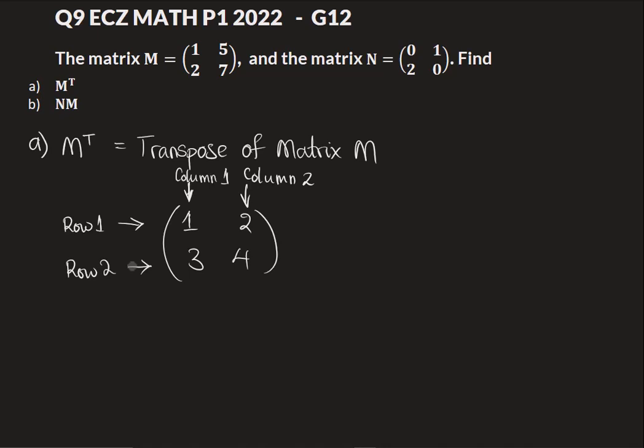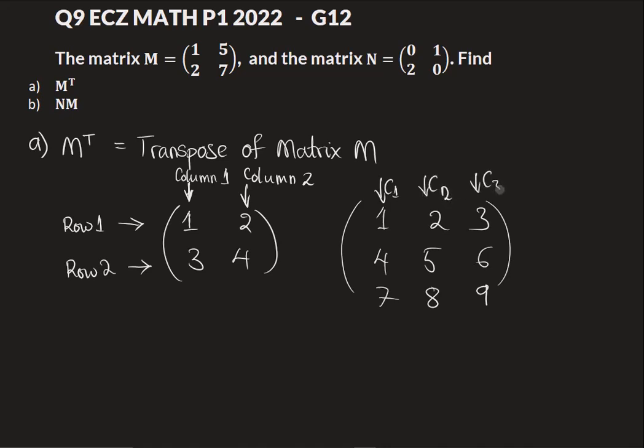Matrices can have letters or numbers, so it doesn't matter what our elements are for now. So when I talk about columns, I'm talking about these vertical parts of the matrix. You can even have a matrix like this. So in this matrix, this is our first column, this is our second column, this is our third column.